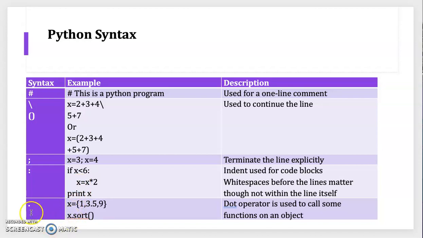And just like regular object-oriented programming, the dot operator is used to call functions on an object. For example, here we have a group of numbers. So then you want to sort the data. Then you will do x.sort.